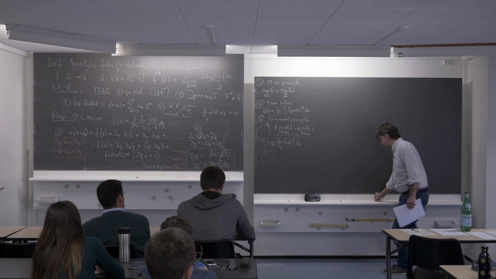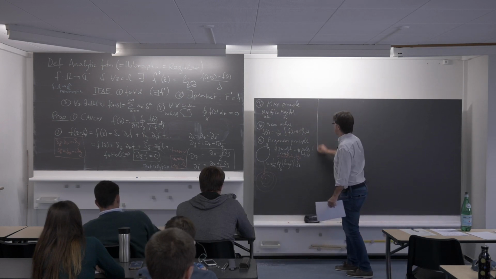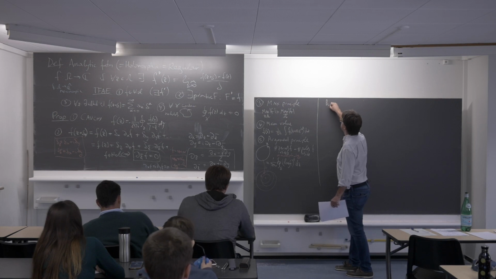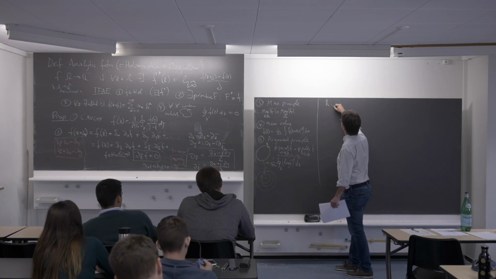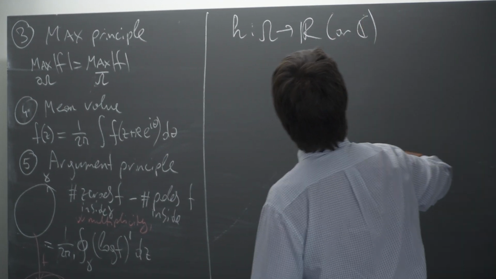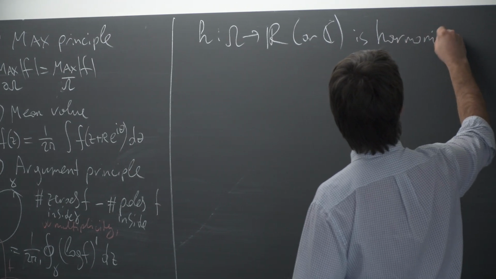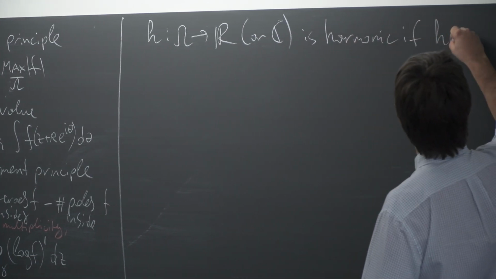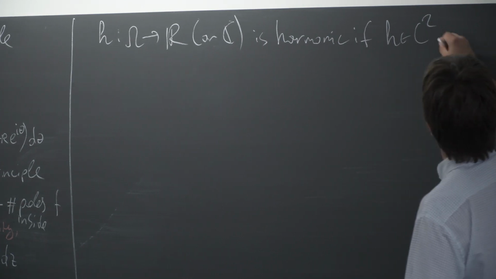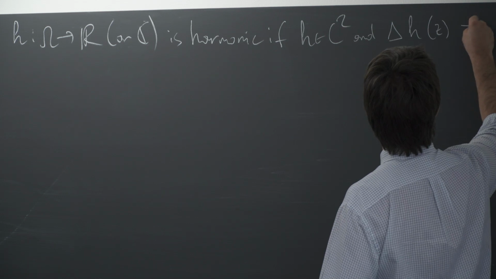Now the other class of functions which is very important for us is harmonic functions. h from omega to R, or C, usually real valued, is harmonic if h is C2 and the Laplacian of h is identically 0.